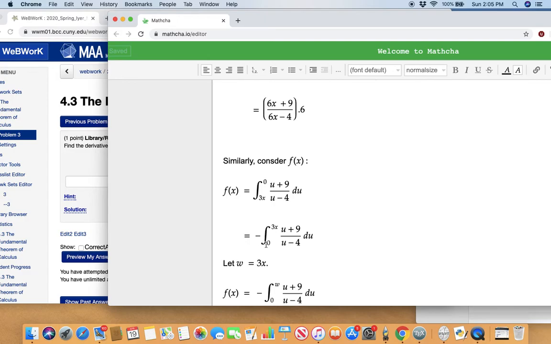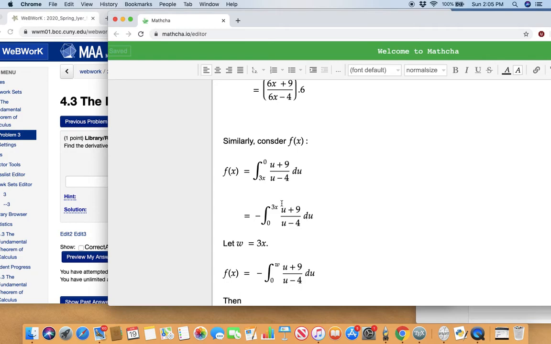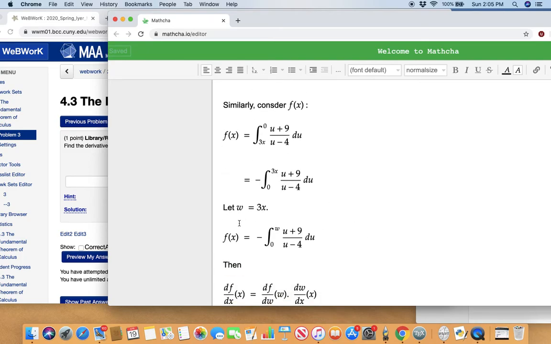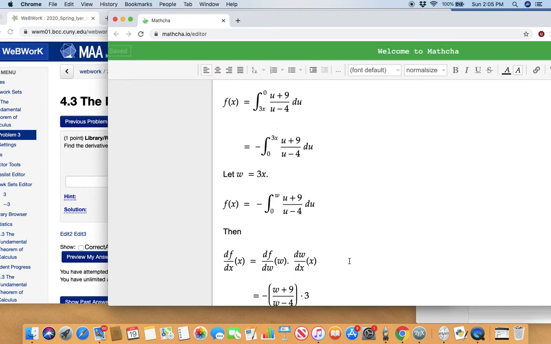So negative integral from 0 to 3x of (u plus 9) over (u minus 4). This is very good, except I need an x here or one variable here. So let me call that variable w again. w is 3x. So now f is minus the integral from 0 to w of (u plus 9) over (u minus 4).